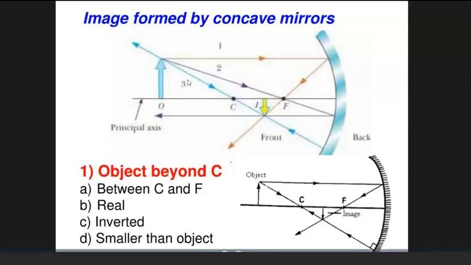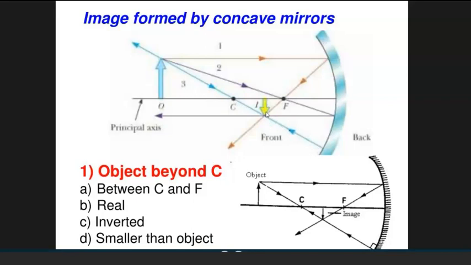So first we draw first spatial ray, then second spatial ray, and then third spatial ray if you need. Although here it is not necessary, we still draw third spatial ray passing through the center of curvature, and after reflection it retraces its path and again passes through the center of curvature. So image formed is here.